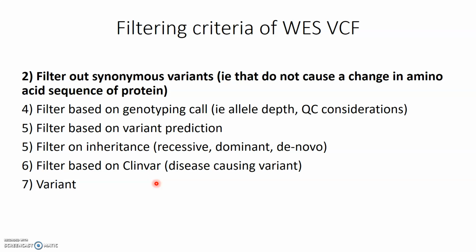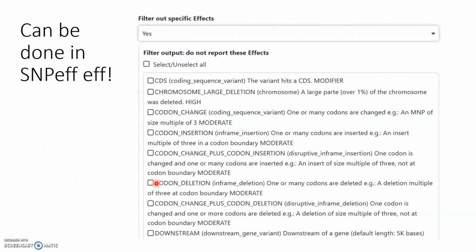At every step of our annotation, or what's in our info column, we can use this as filtering criteria for our whole exome VCF. And so our top two, actually, we can perform within SnpEff itself.